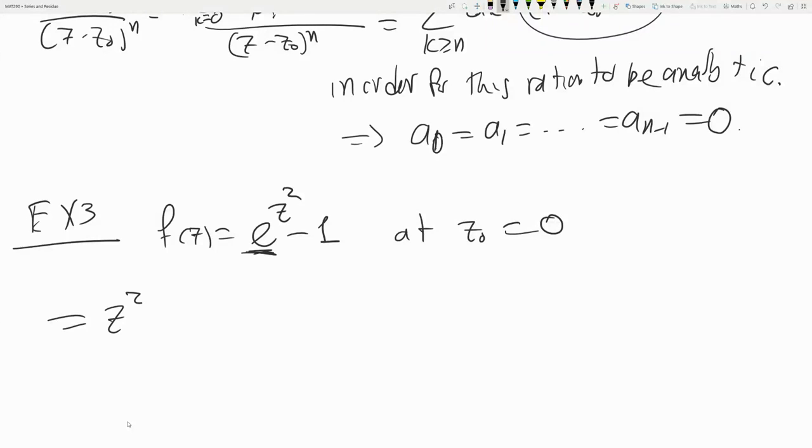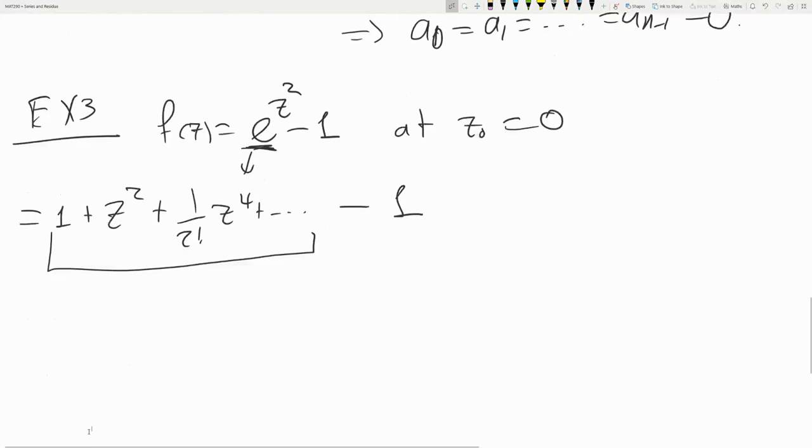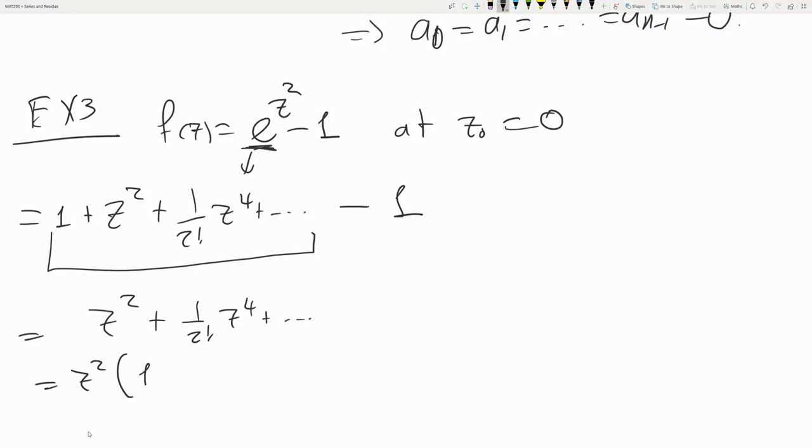So we have 1 plus z squared plus z to the 4 over 2 factorial, and so on. That's the exponential, minus 1. The 1's cancel out. And let's factor out z squared. You will see why.